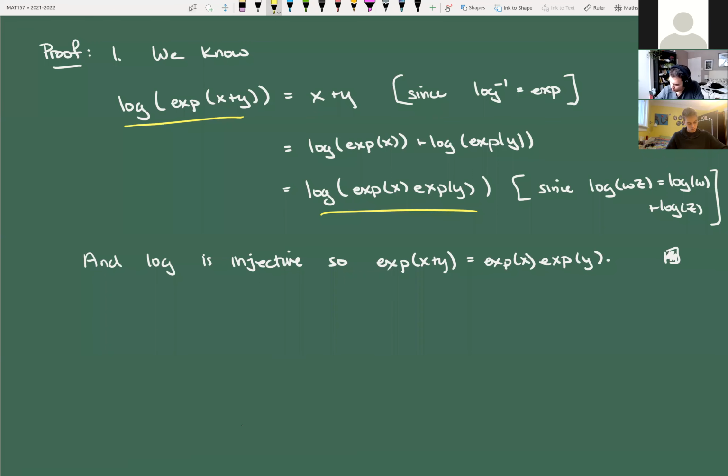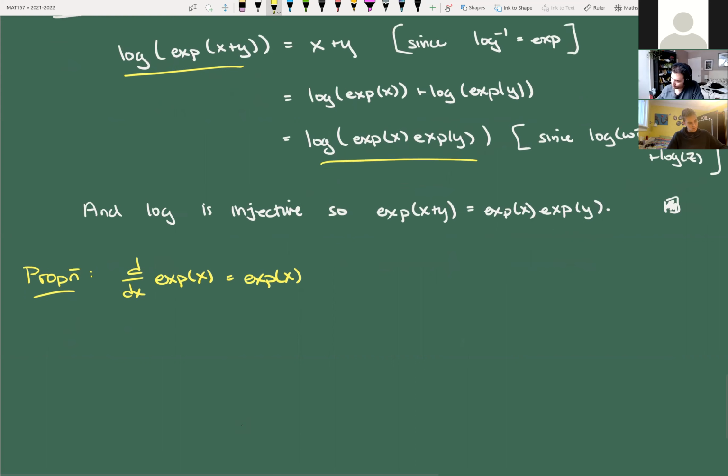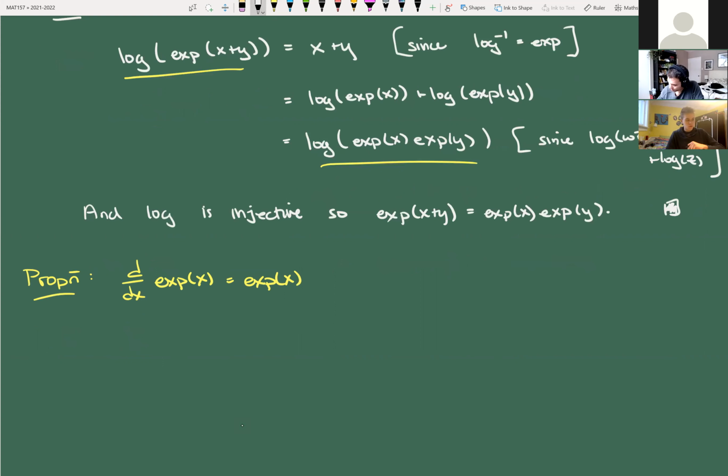And then there's just one more proposition that I want. So the derivative of the exponential function is the exponential function, right? So proof. We're just going to use the inverse function theorem.